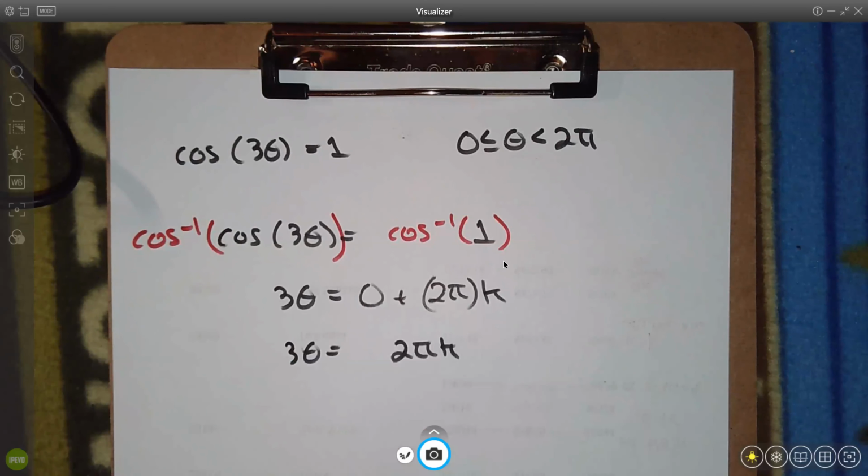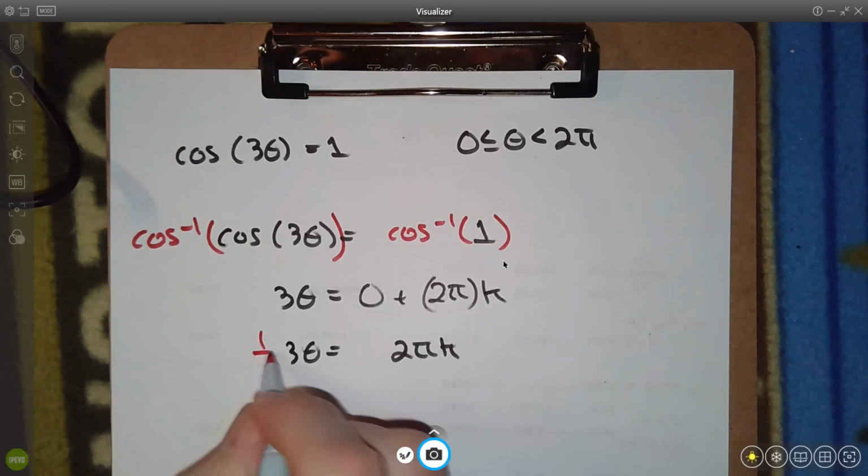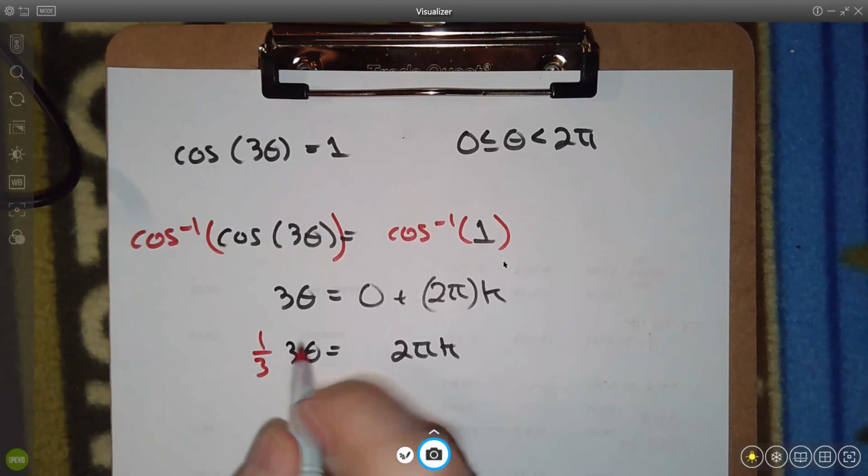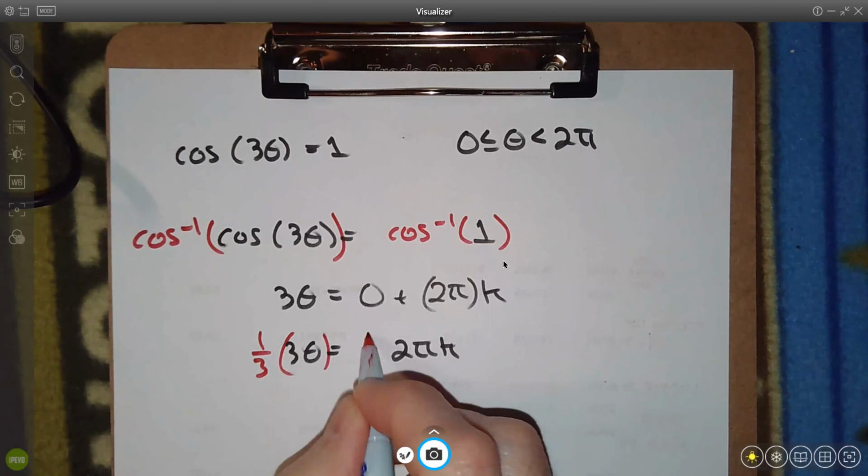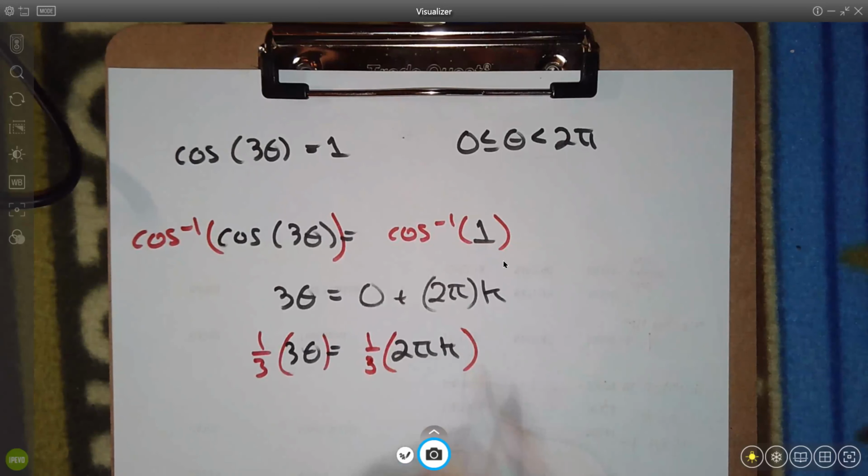And now I want to solve for theta. So I'll multiply both sides by the reciprocal. On the left-hand side, I get exactly what I need, which is theta. On the right-hand side, I get 2 pi over 3 times k.